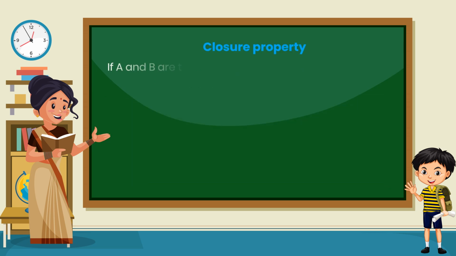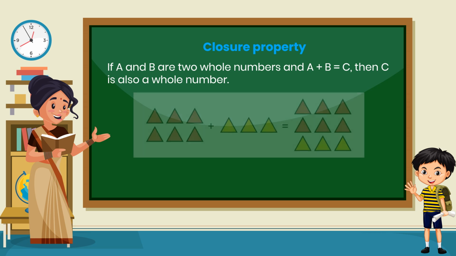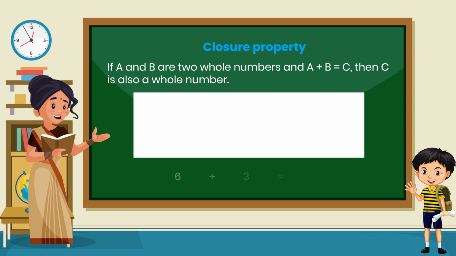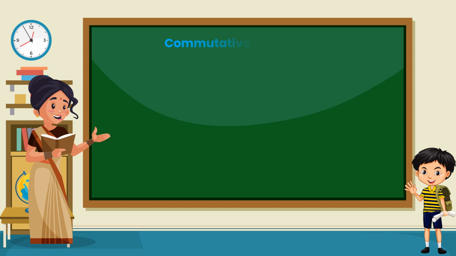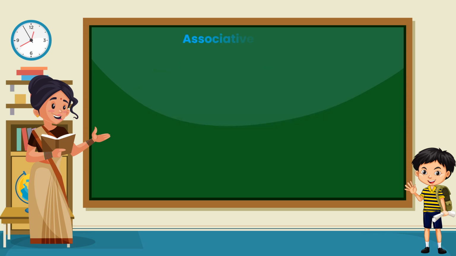Closure property. If A and B are two whole numbers and A plus B equals C, then C is also a whole number. 6 plus 3 equals 9. Commutative property. If A and B are two whole numbers, then A plus B equals B plus A. Associative property.